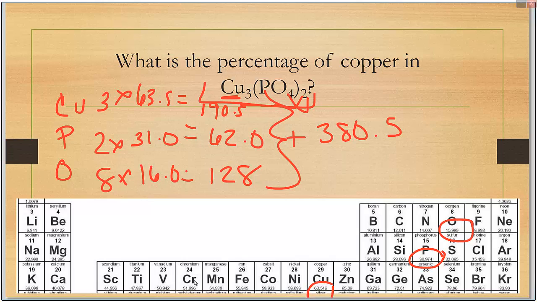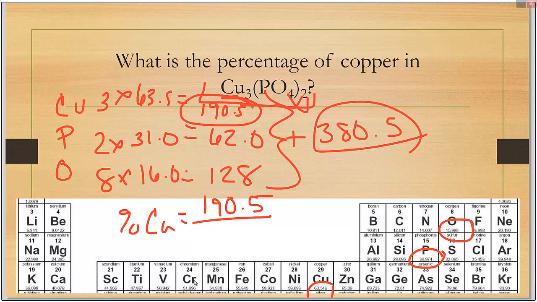So we just want the 190.5 divided by the total, which is 380.5. Multiply that out, and it says 50.1% of the mass of copper phosphate is coming from the copper. And that is how you do percent composition.